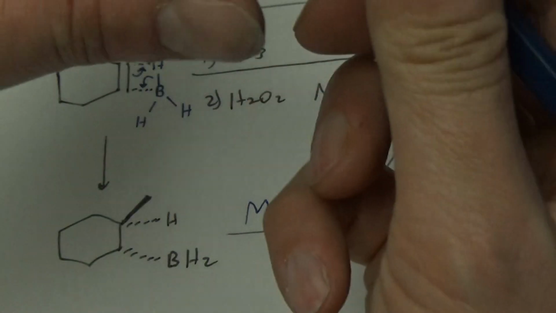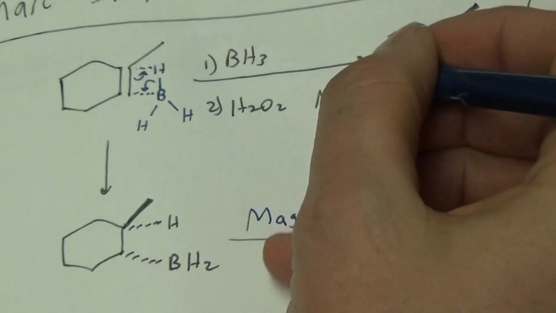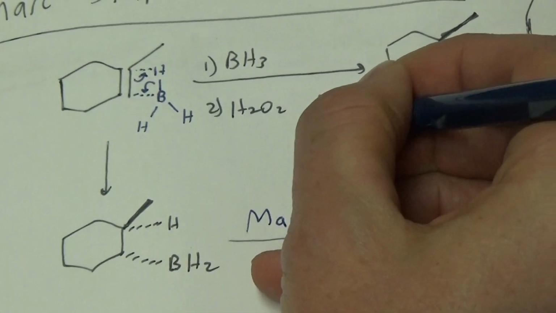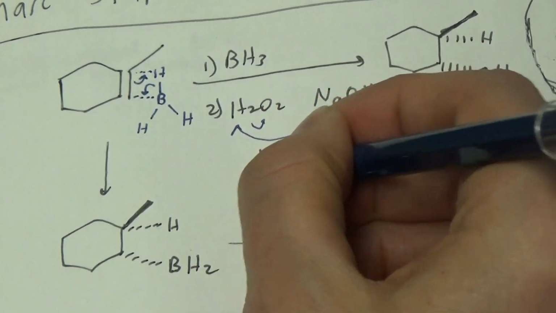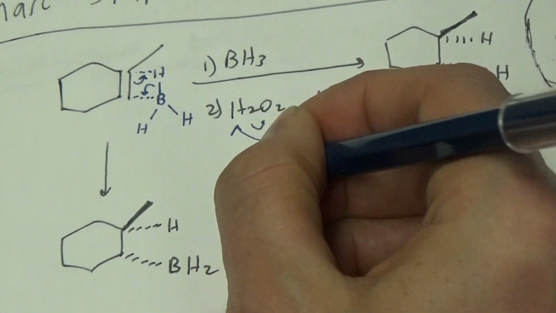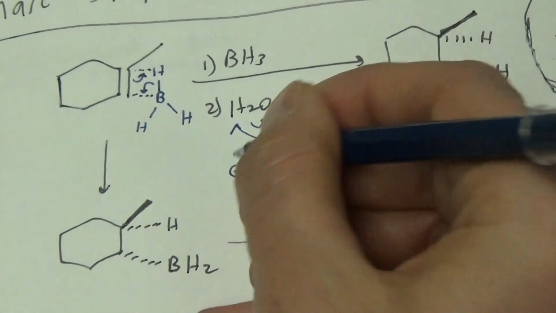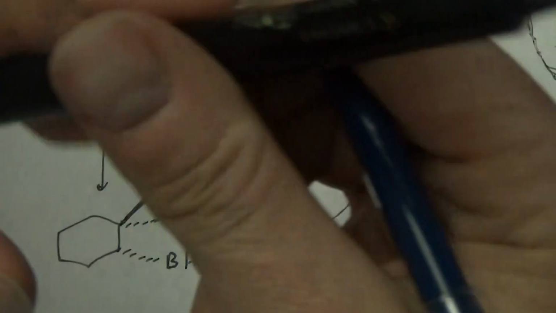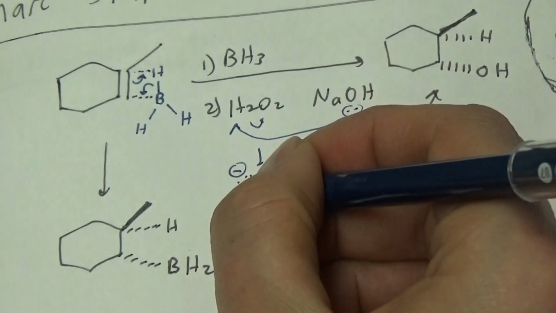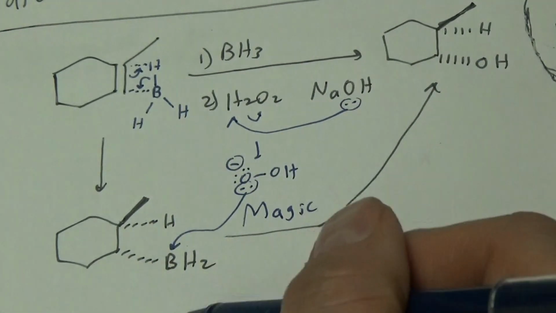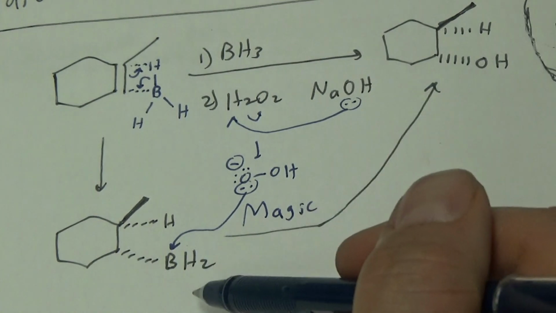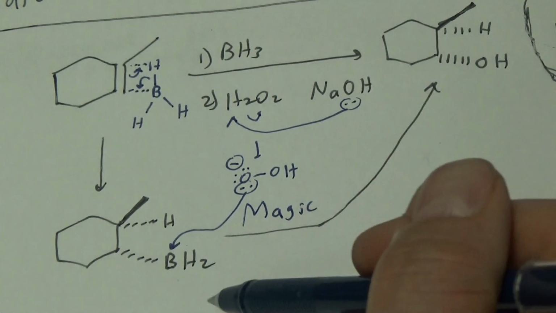The basic gist of it is that the base takes this proton, you get OOH, a peroxide anion, and then this reacts with boron, then does a couple other steps. But I'm happy to just call this magic from boron to the alcohol.